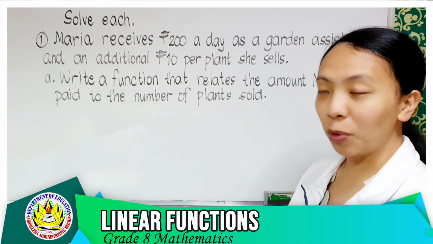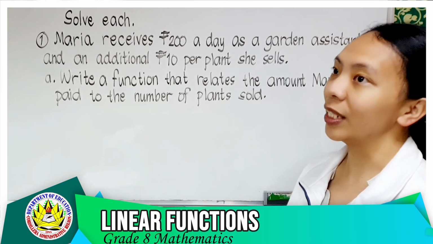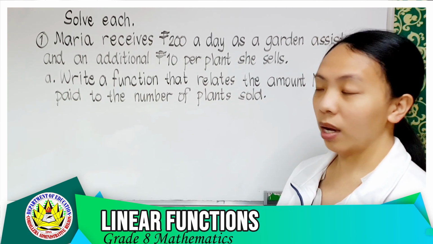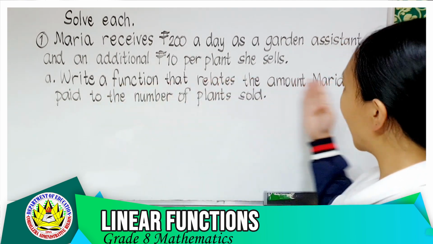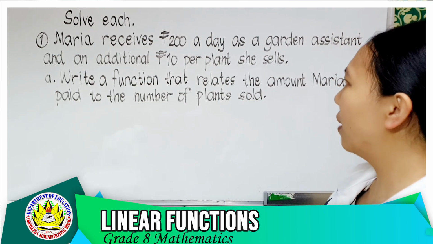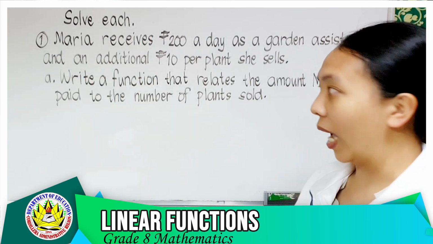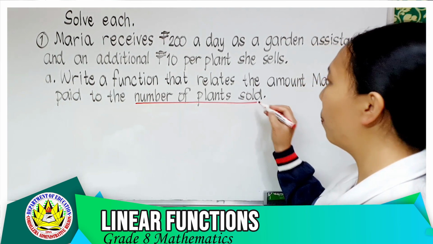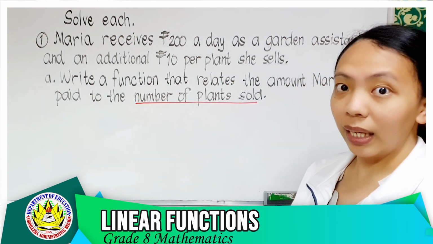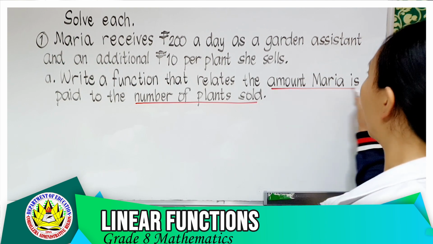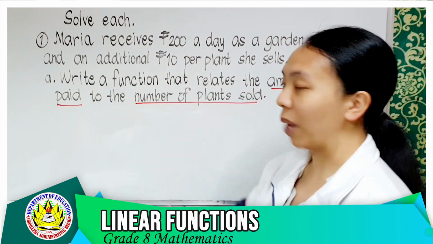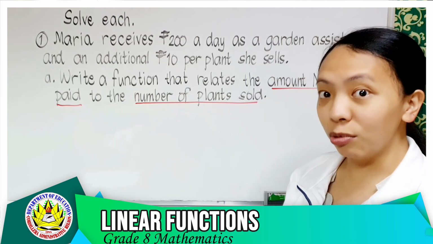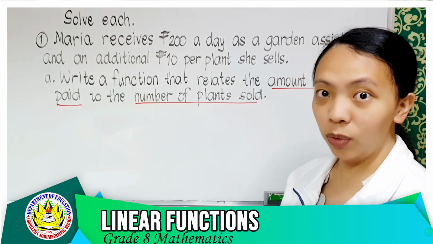To solve this problem, let us identify the quantities we are looking for. In this statement, we are told that we need to find out the number of plants sold and the amount Maria is paid. Therefore, there are two unknown quantities.